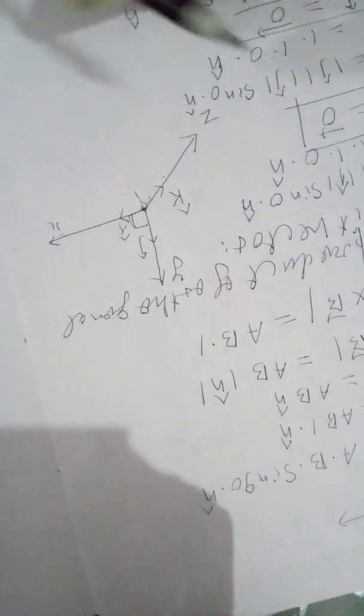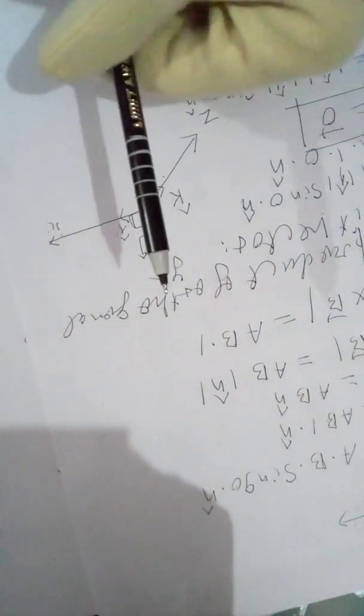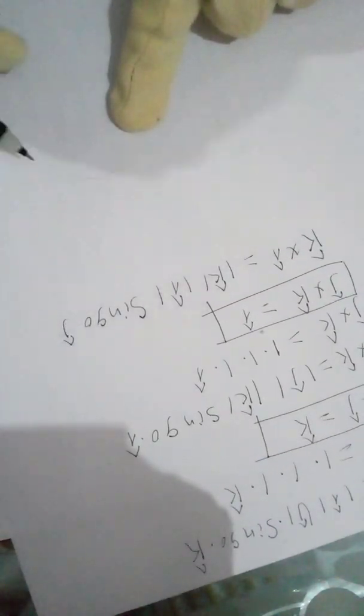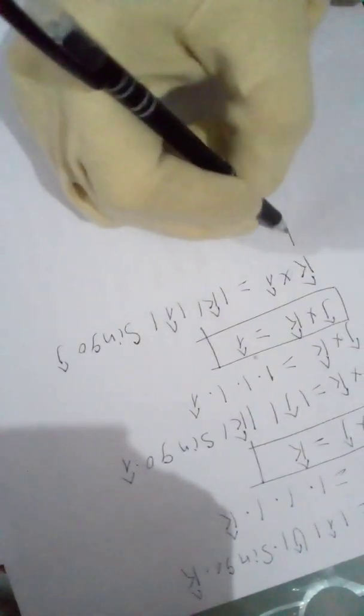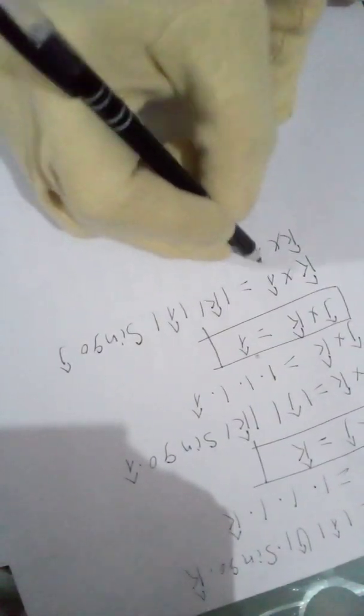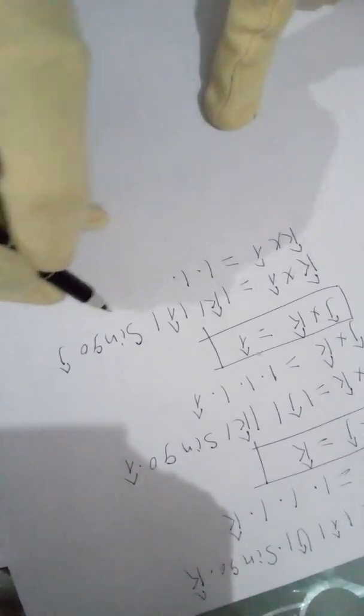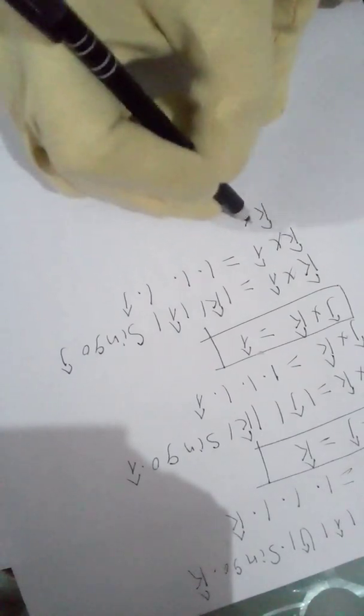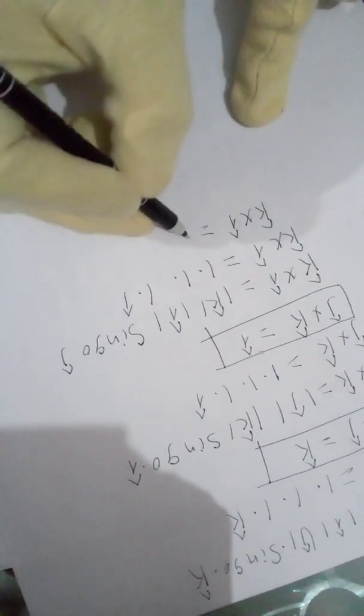The unit vector along the positive y axis is j cap, so we write here j cap. Thus k cross i is equal to magnitude of k 1, magnitude of i 1, sin 90, j cap. So k cross i is equal to j cap.